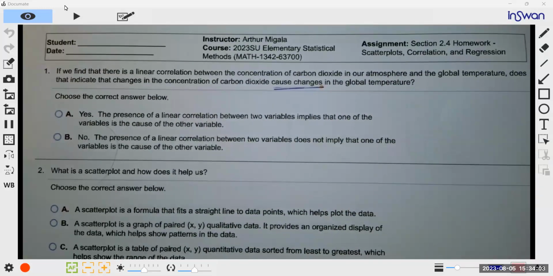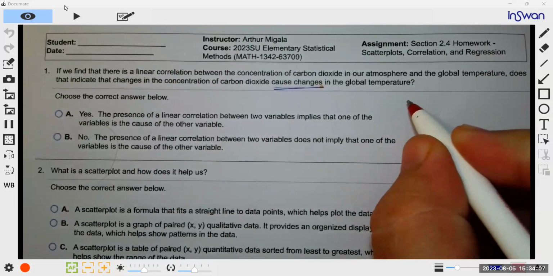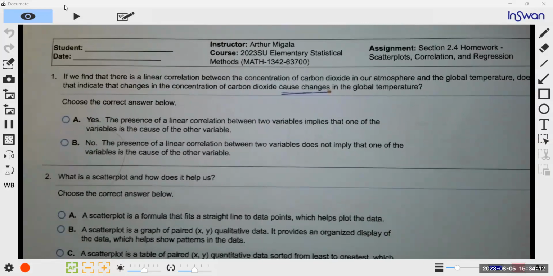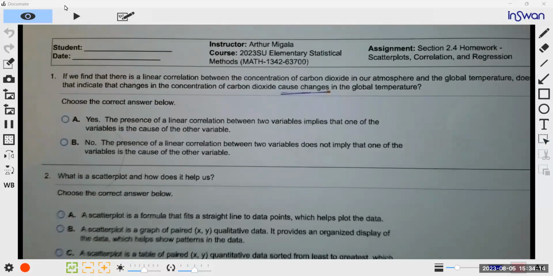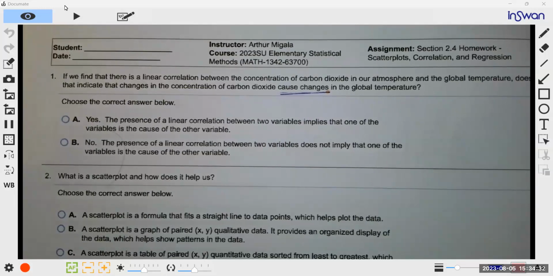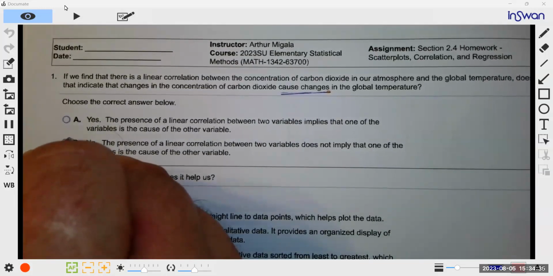Remember, there's a little saying we said in that chapter: correlation does not imply causation. Just because there's a correlation doesn't mean that one thing causes an effect on the other. It's just a recording that there is a relationship. So the answer here is no.